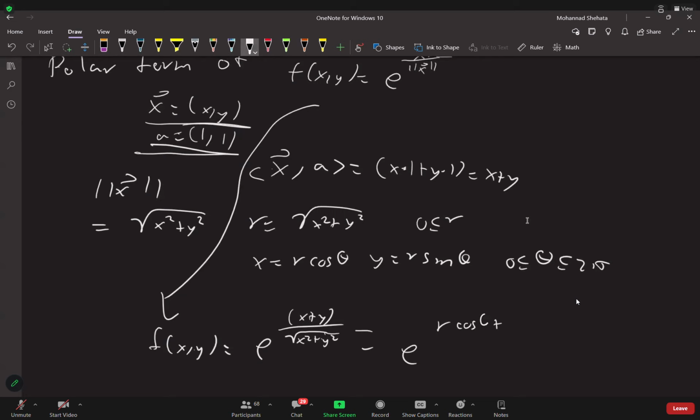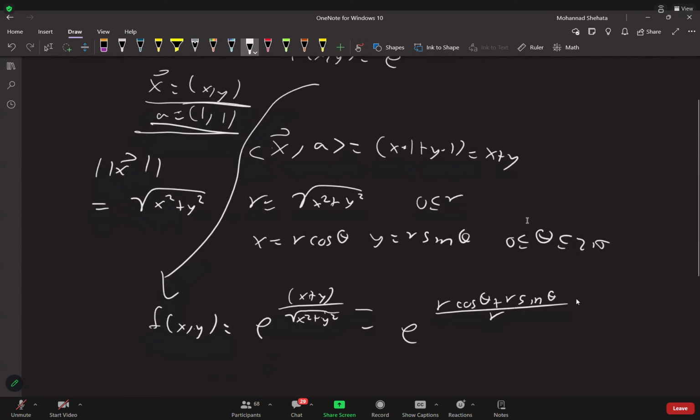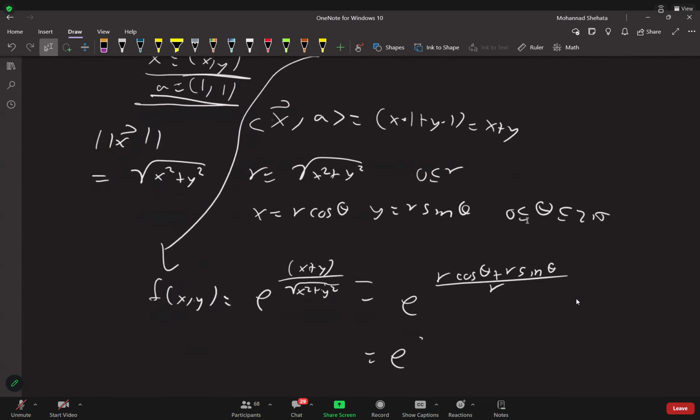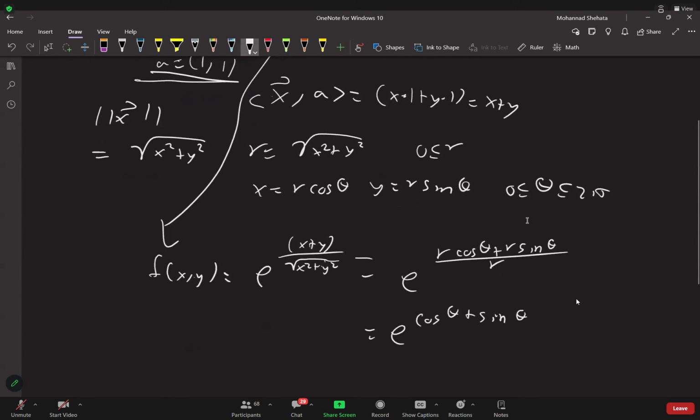Sorry, this one will be cosine. r cosine theta plus r sine theta, over r, which is e to the cos theta plus sine theta. So from this point on, it will be f of r, theta, and it's actually independent of r this time.